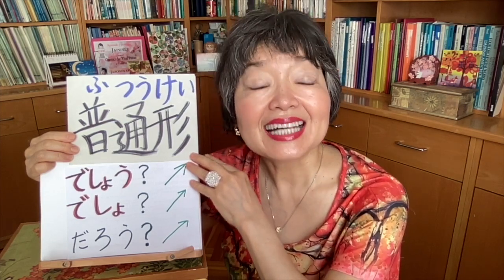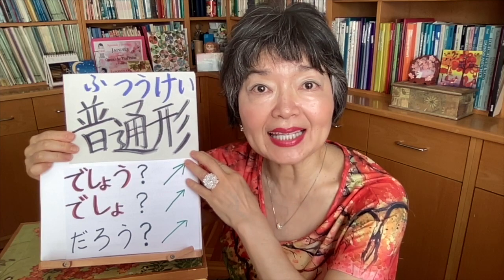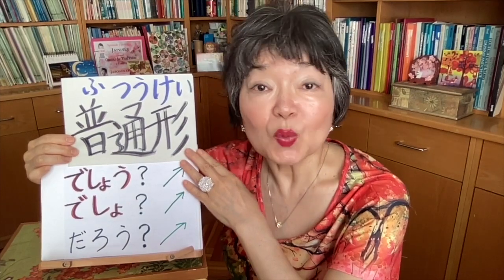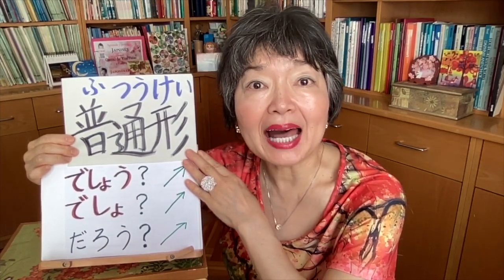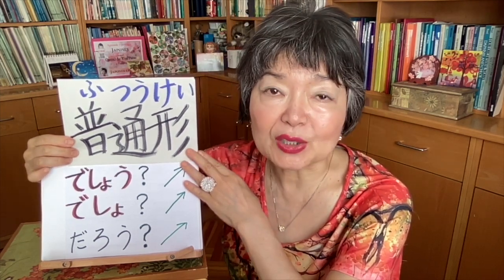But in today's grammar, there's an exception in how to use 普通形 with na-adjectives and nouns. 普通形 of a na-adjective: for example, 親切な, kind. The 普通形 is 親切だ, but in this case we must omit this だ. Also with nouns, for example, 雨です, 雨だ, the 普通形 is 雨だ, it's rain.